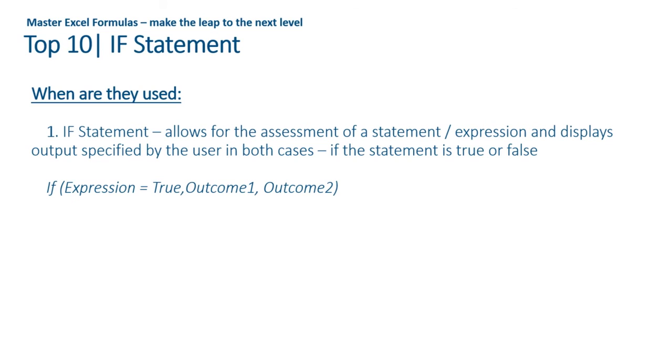So when is it used? The if statement is used when the user needs to assess a statement, and if the statement is correct, it should show a specific output, and if the statement is not correct, then it should show another output.